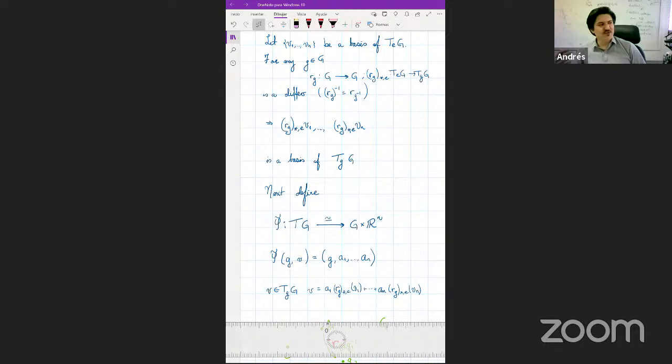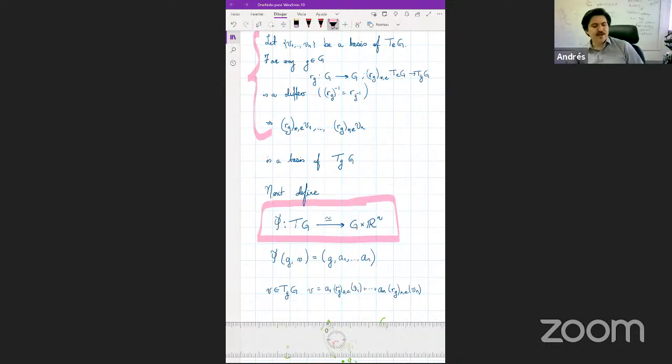So on a Lie group, you don't have global coordinates, but you have a very natural way to move from one point to the other by a diffeomorphism, using the multiplication that is smooth because you are in a Lie group. So that's precisely what we are using to conclude that the tangent bundle of a Lie group is trivial.